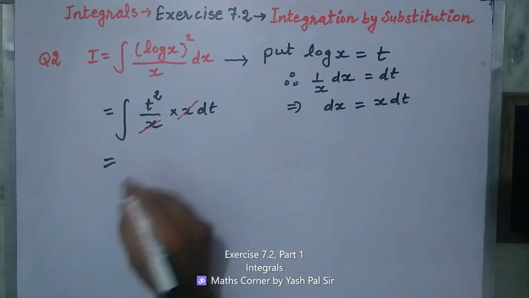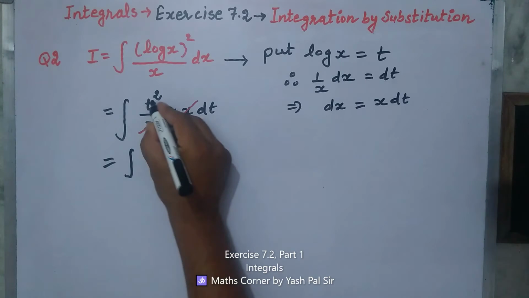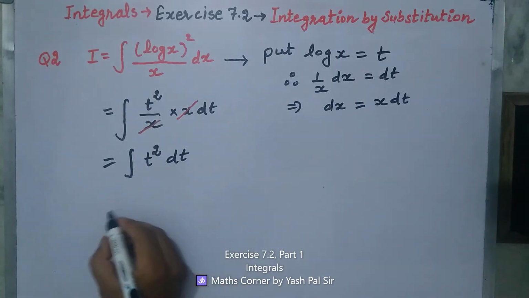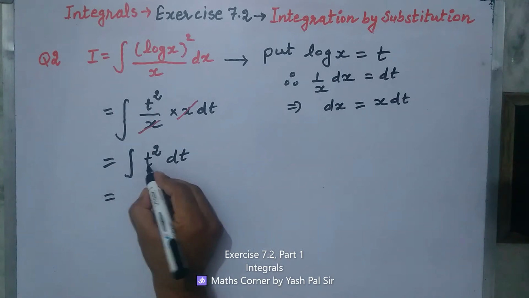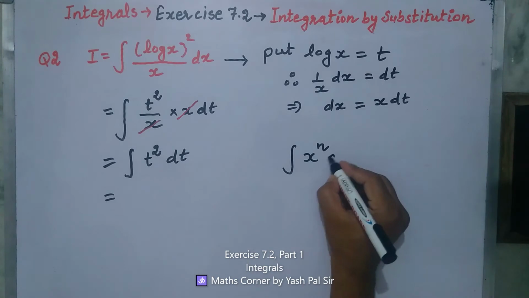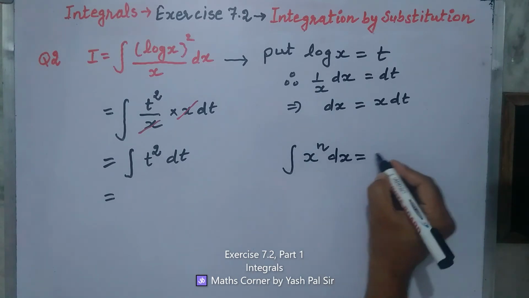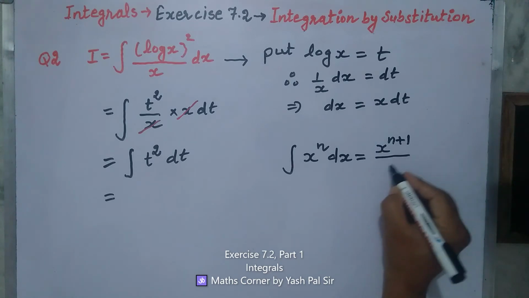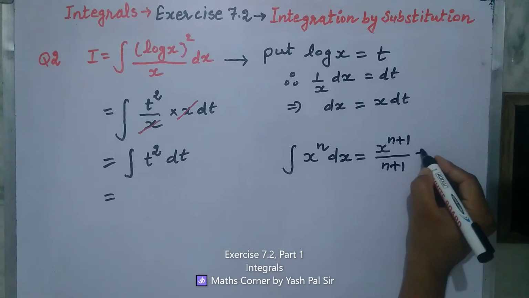So there is now x in the numerator and x in the denominator, which get cancelled. So we are left with t square into dt. So what is the integration of t square? According to the rule, the integration of x raised to power n dx is x power n plus 1 upon n plus 1 plus c.